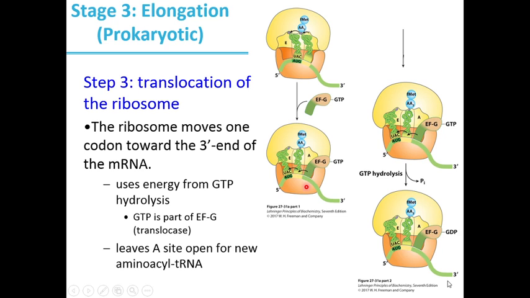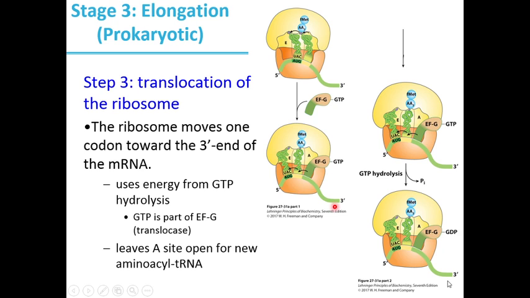Now once it's in the P site, the A site is left open for an incoming aminoacyl tRNA. So another tRNA will come and sit in the A site so as to transfer its amino acid to the dipeptide to make a tripeptide.